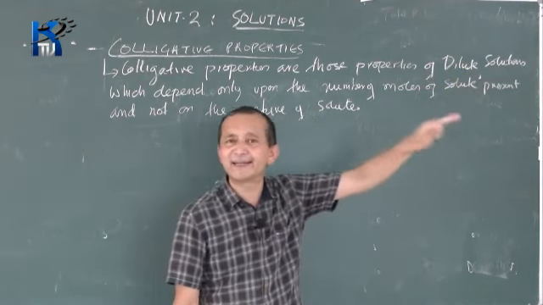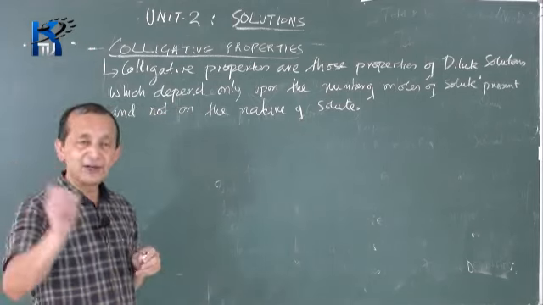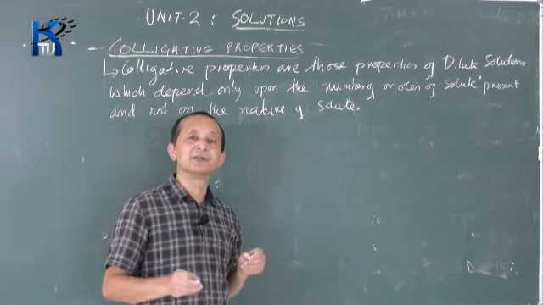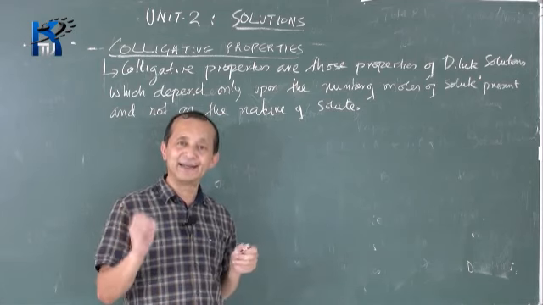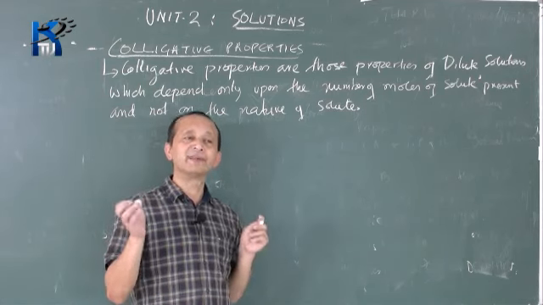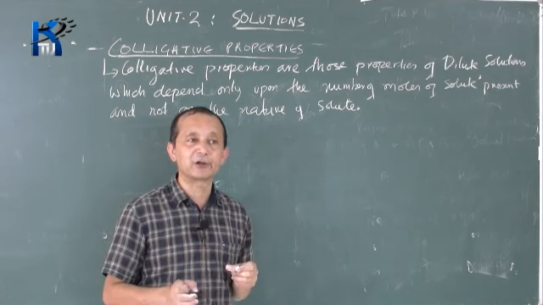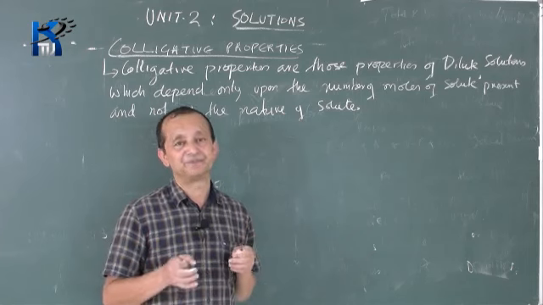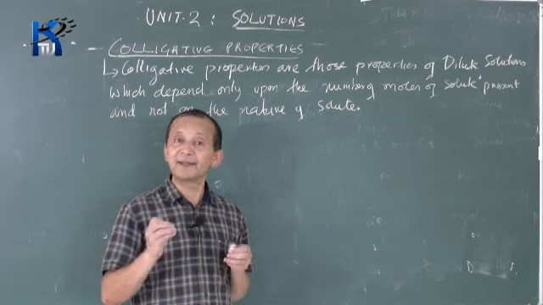Why do we call them dilute solutions? Because only dilute solutions behave like ideal solutions. One of the essential requirements for colligative properties is that the solution must be ideal, that means it must obey Raoult's law.